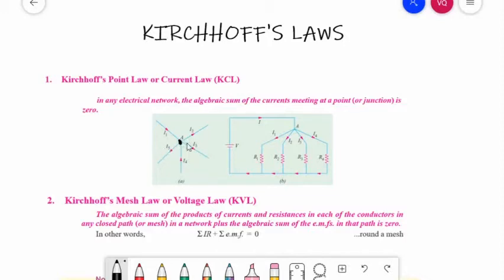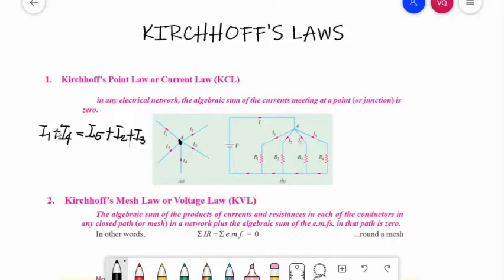Formulating this equation, it is the sum of all the current entering into the node, so I1 plus I4, equal to the sum of the currents leaving, so I5 plus I2 plus I3.